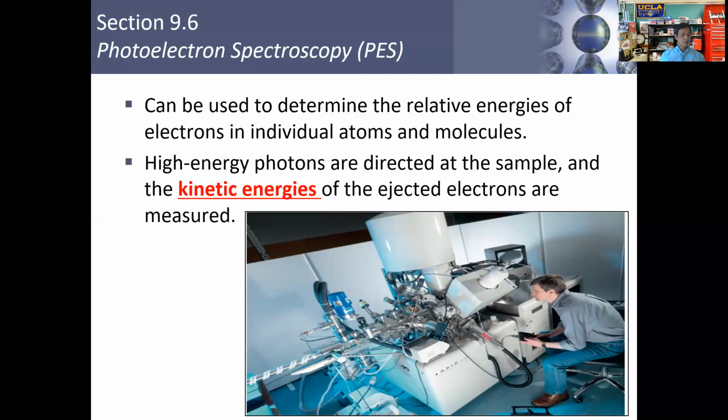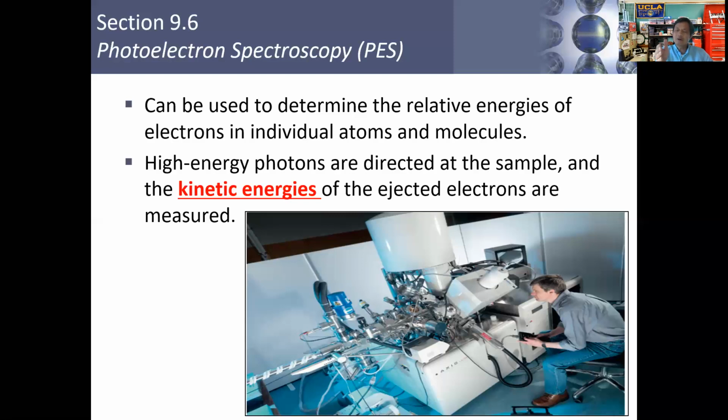The cornerstone of photoelectron spectroscopy is the examination of kinetic energies. And remember, kinetic energies are the energies associated with a moving object. Electrons and atoms move. We talked about kinetic energies in terms of the photoelectric effect, back when we talked about quantum mechanics and Einstein.